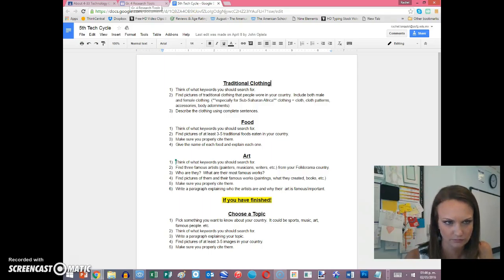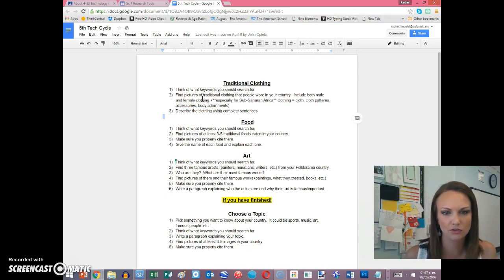So in your researching, you're going to need to make sure you include words like traditional. Also, for example, make sure you find out things like male or female clothing. You might need to use those exact words as well. Male traditional clothing, female traditional clothing, a child's traditional clothing as well.